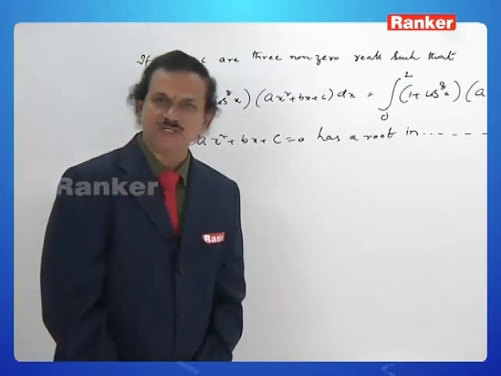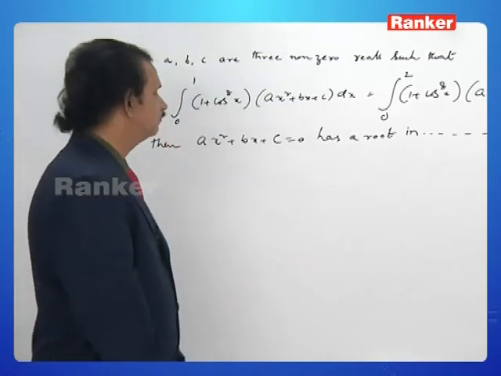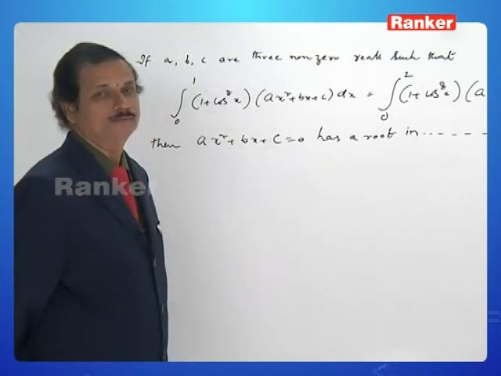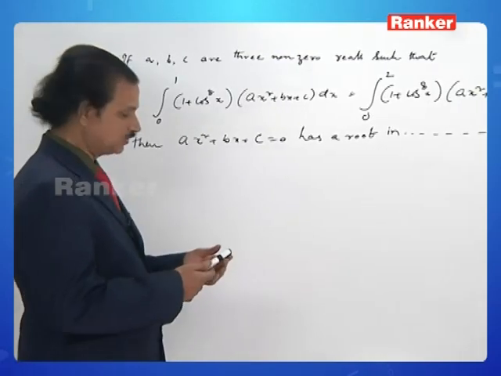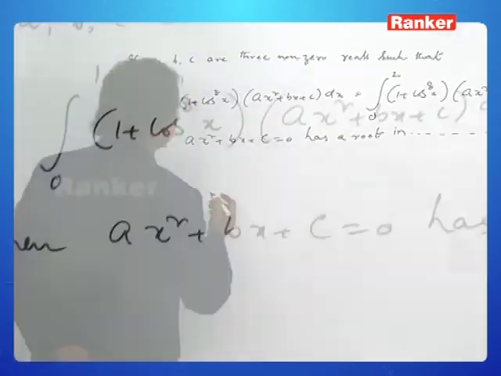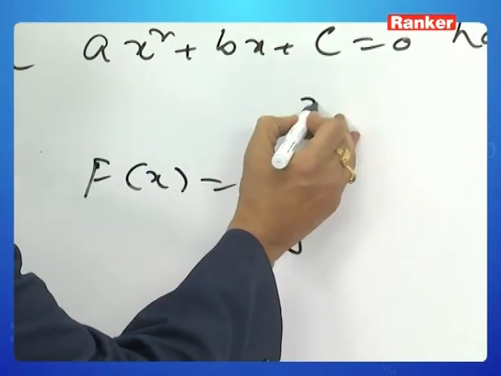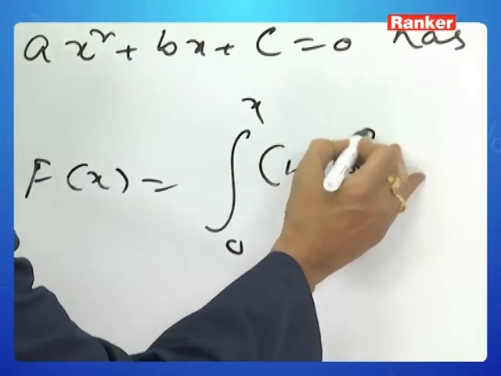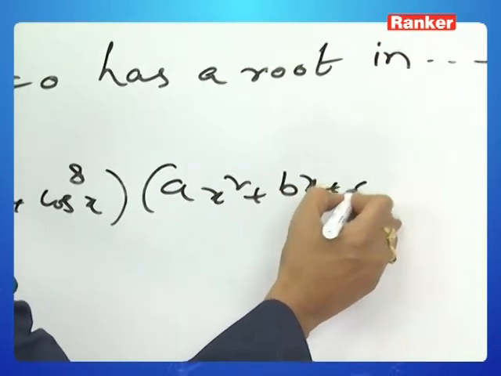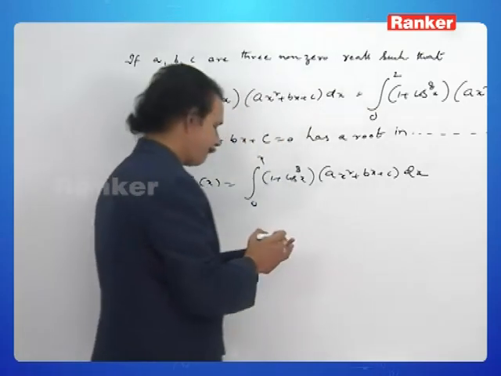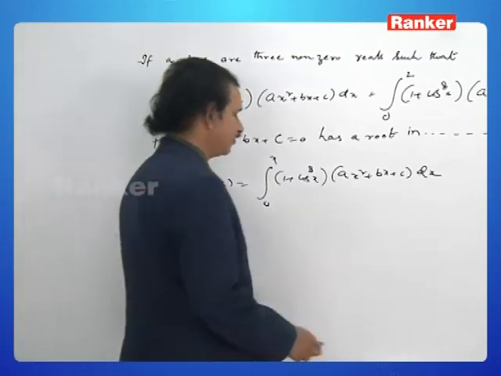In order to choose the options, you must be able to make a proper attack on the problem. Observe it carefully. The proper plan to solve this question is, I like to define f of x is equal to integral 0 to x of (1 plus cos power 8x) into (ax square plus bx plus c) dx, for all x greater than 0.